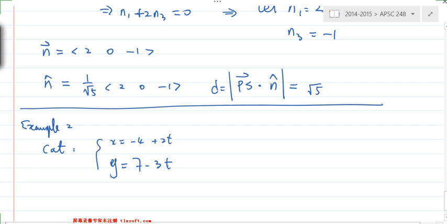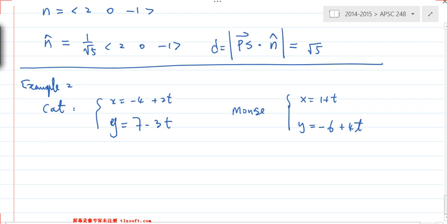I don't have a Z, which basically means this is the in-plane situation. And this is a mouse. Jerry right here is being chased by the cat.